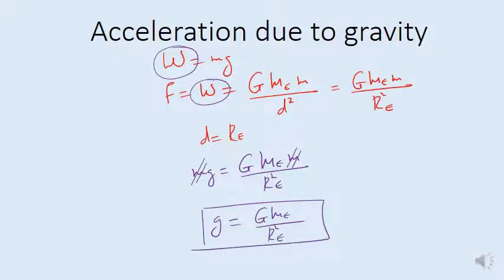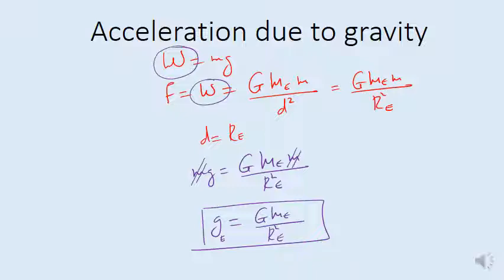It depends on the universal constant capital G, the mass of the Earth, and of course the radius squared of the Earth. So let's put a label here: the acceleration due to gravity close to the surface of the Earth.